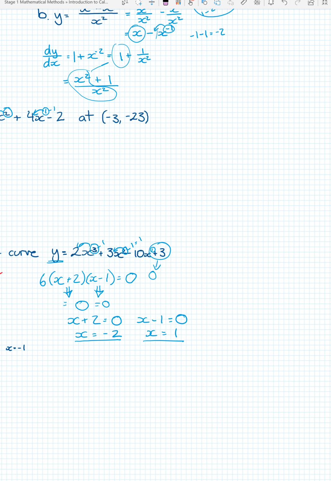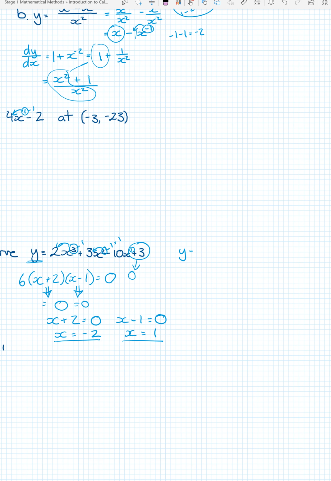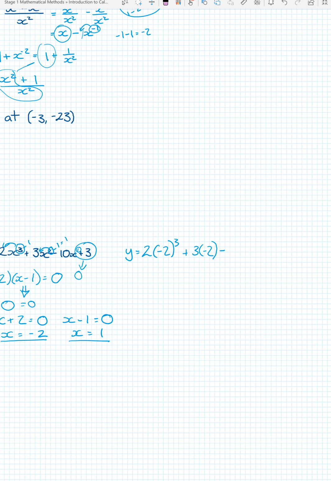So what we need to do now is go back to our y equation and put in those values. So first of all, y equals 2 times minus 2 to the power of 3 plus 3 times minus 2 squared minus 10 times minus 2 plus 3. Minus 2 cubed is minus 8.